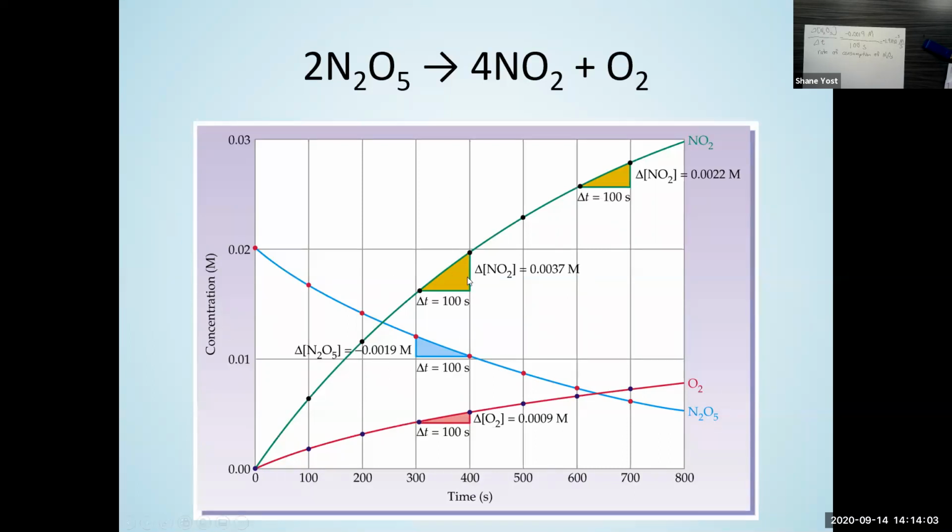So let's look at, say, NO2 here, right? So NO2, you do the exact same thing. If we wanted to look at what we call the rate of formation of NO2, again, the rate of formation, rate of consumption, rate of change, these are all referring to similar things, okay?